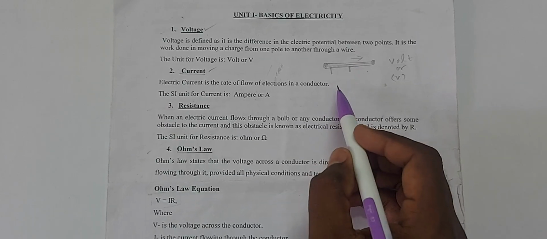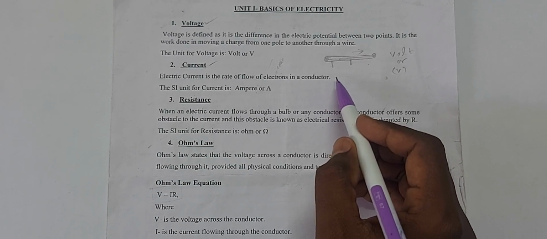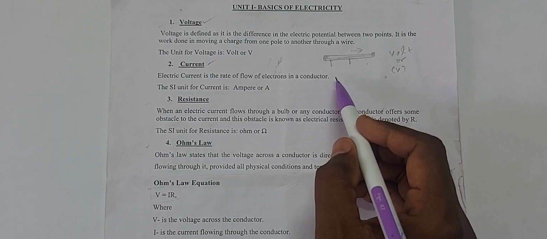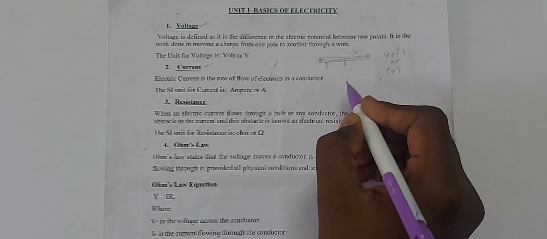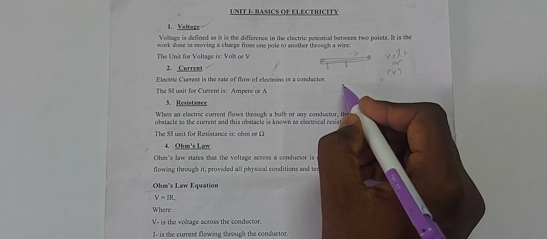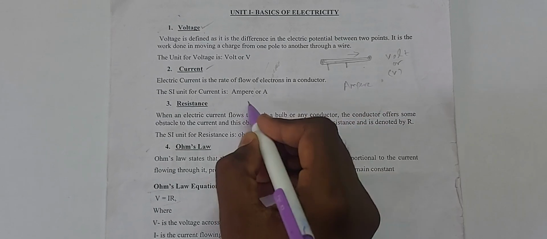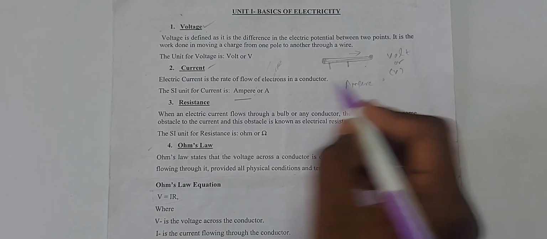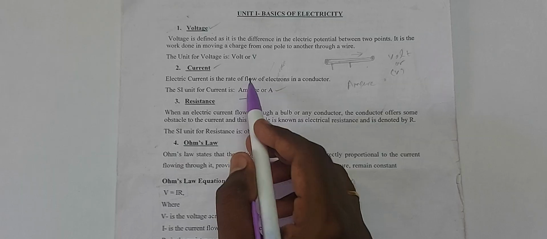The more electrons you give into the semiconductor, it becomes a conductor, so it will conduct. That is called current. The SI unit for current is ampere, or in short form, A. This is called current.